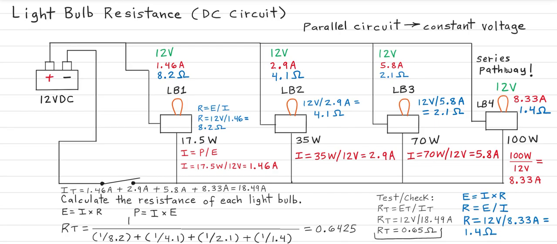Now if you treated this as just another parallel pathway, you'll get a value that is a little higher. And then when you combine these resistances in parallel, you get a value that's twice as large as this total resistance value. So in actuality, the calculation was wrong.